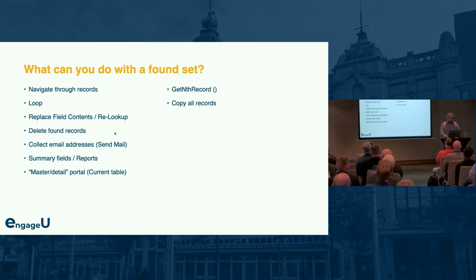You have the good old copy all records, which nobody uses, but it's the fastest function ever in FileMaker. It's great. So build a layout with, for instance, only the primary key on it. Go to that layout, copy all records, and in a fraction of a fraction of a fraction of a second, you've got your million IDs in the clipboard.